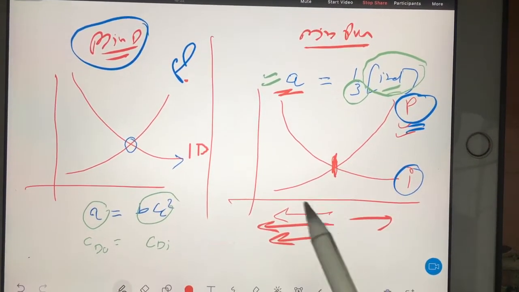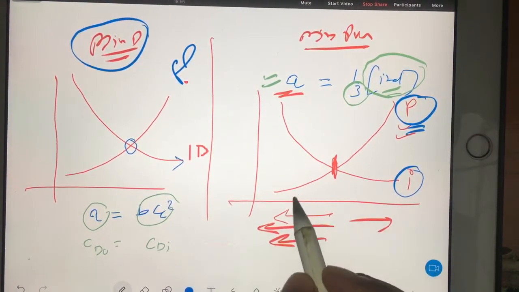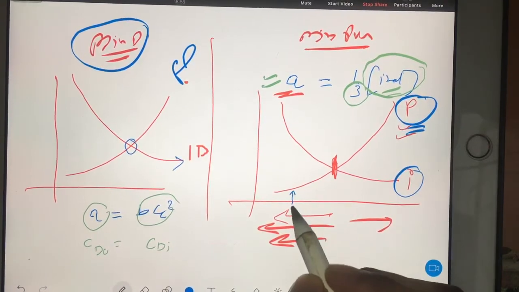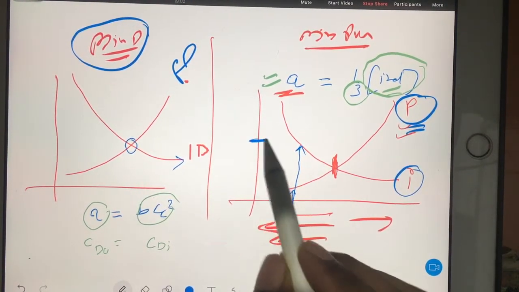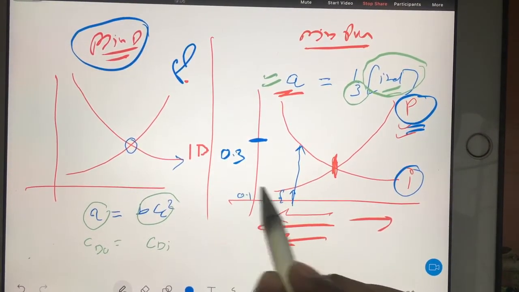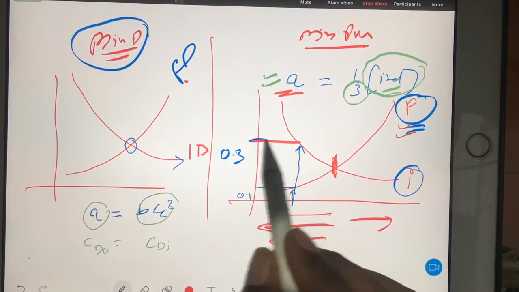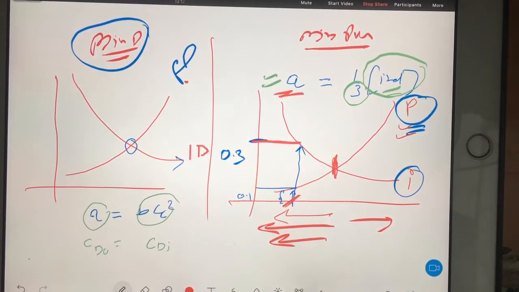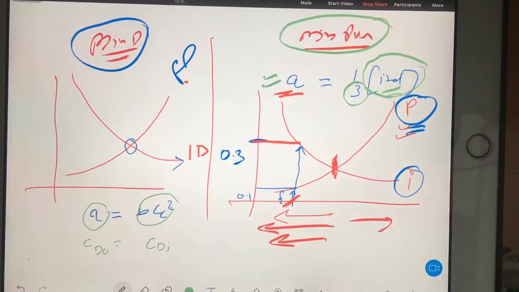I am considering this as reference. So you have to check the height. This height you have to compare with this height. Suppose, just imagine this height is 0.3 and this height is 0.1, like here. It means exactly this is the point where your minimum power condition is occurring.